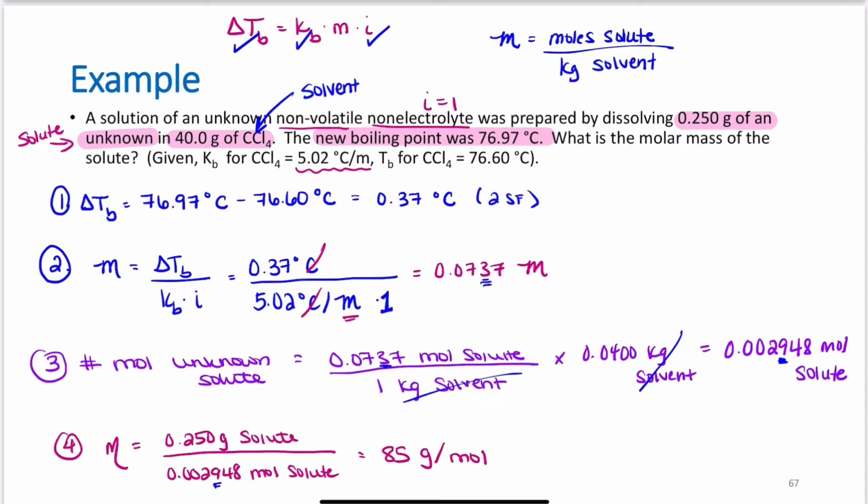So I want you to think through this process, and does this process make sense to you? Not only mathematically, but conceptually. Do you understand that if I added 0.25 grams of this to the system, it increases the temperature by this amount because it's that many particles in solution causing the needed extra energy to reach the boiling point, because again, boiling point is when vapor pressure of the system equals external pressure, atmospheric pressure.